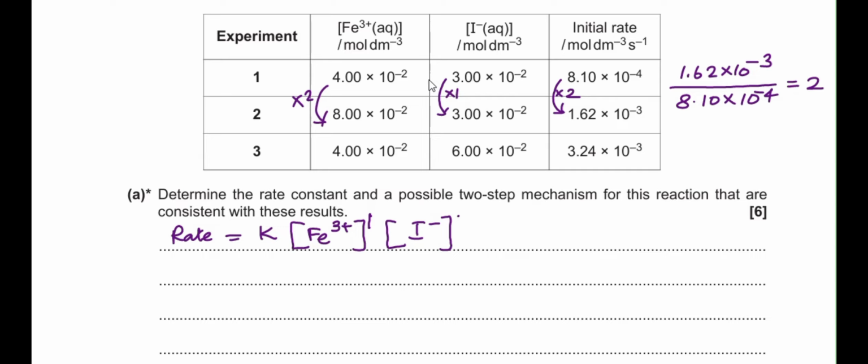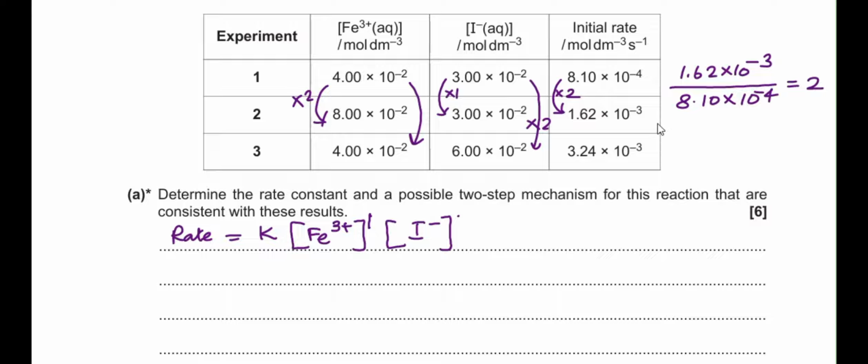Now looking into experiments 1 and 3, the concentration of Fe3+ is kept constant here, whereas the concentration of iodide ions has doubled. This is multiplied by 2. Okay. Now what happened to the initial rate?